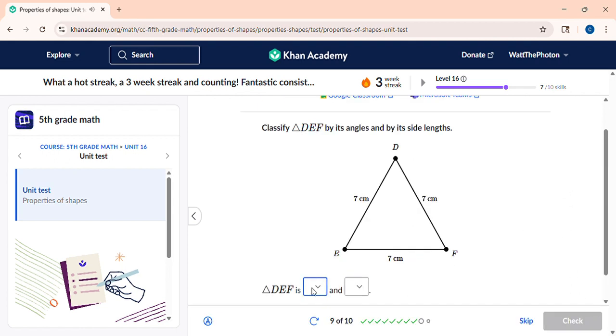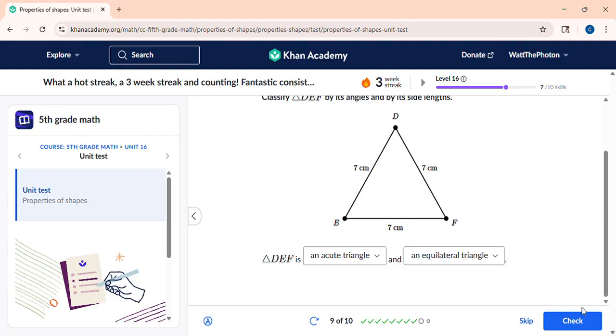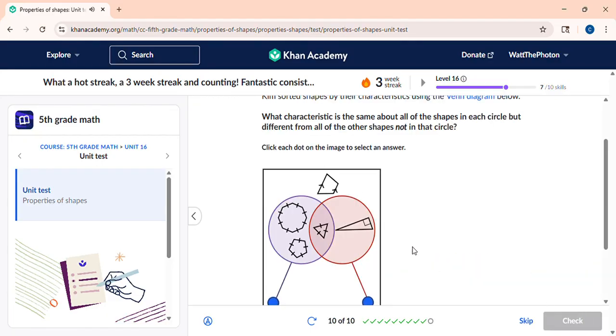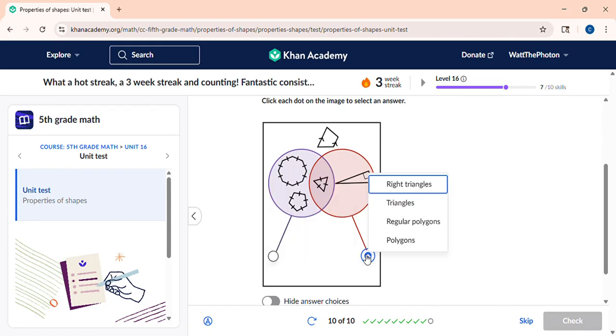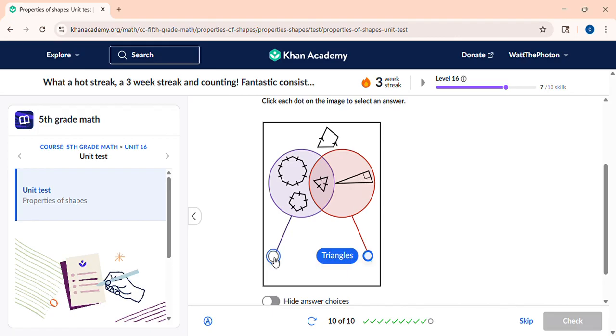DEF is a scaling equilateral. Equal length. Triangles. Regular polygons.